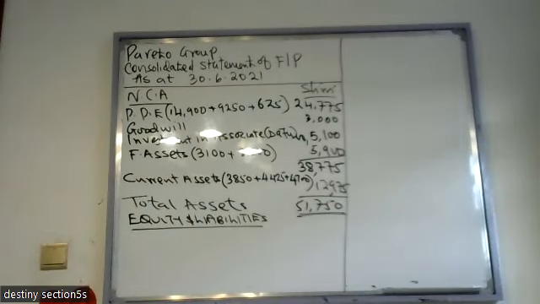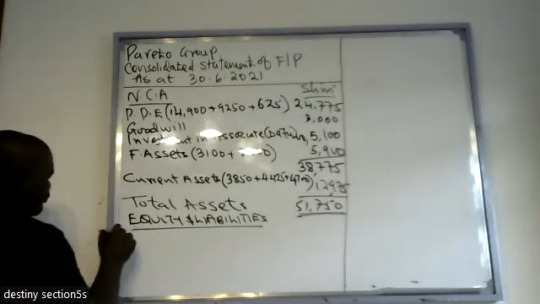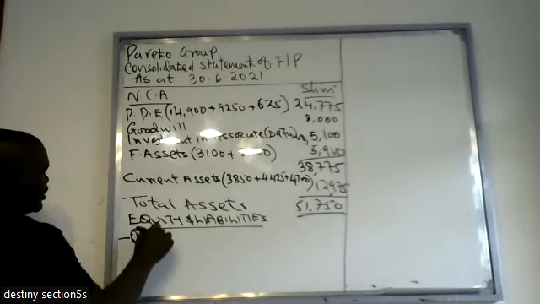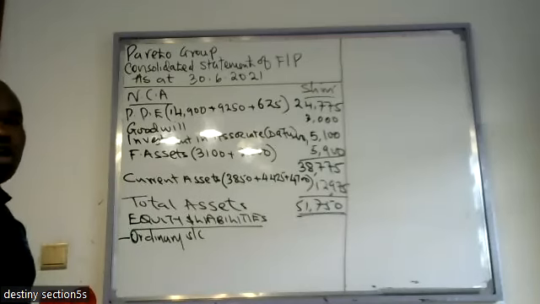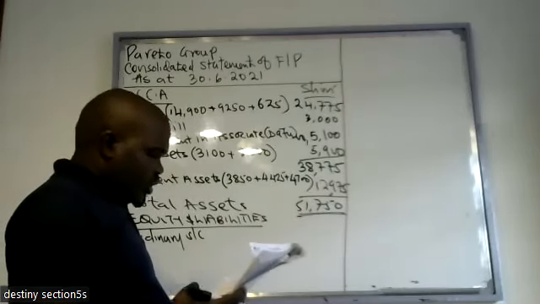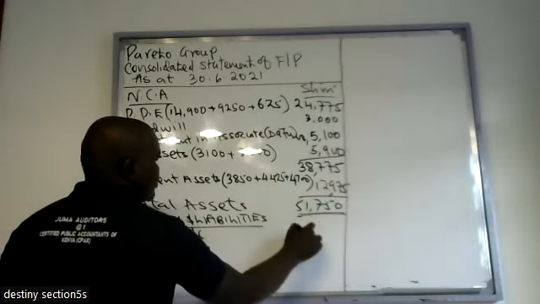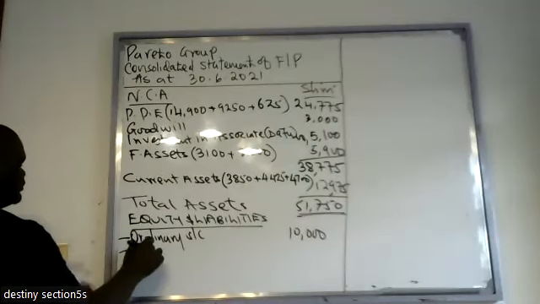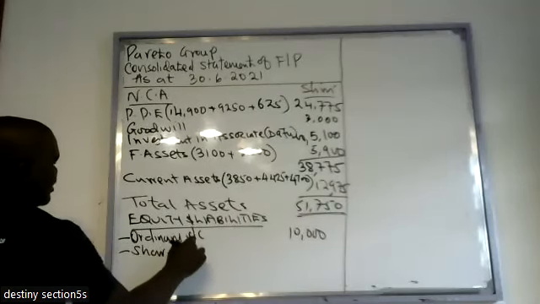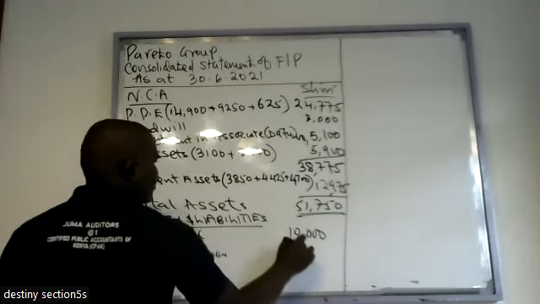Okay, perfect. So ordinary share capital, parent only. Ordinary and share premium, I told you the reasons. So nowadays we don't explain. 10. Share premium. 5.